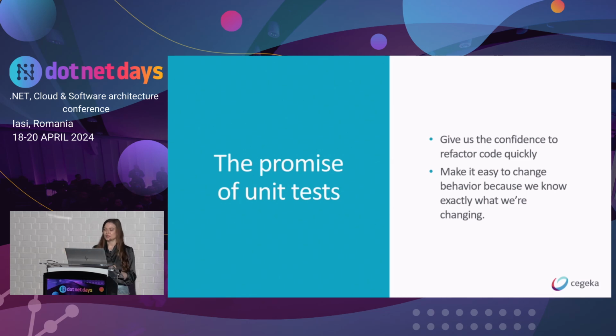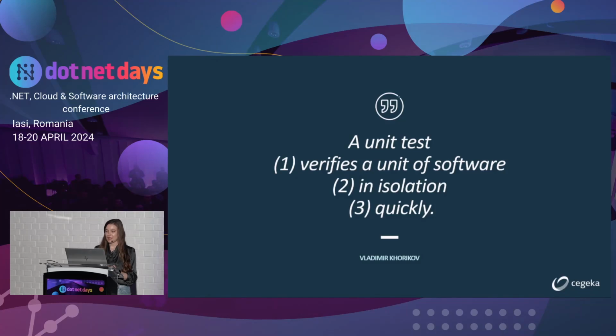But what is a unit test? My favorite definition comes from the book Unit Testing Principles, Practices, and Patterns from Vladimir Khorikov. It brings clarity because it says that a unit test verifies a unit of software, it does so in isolation, and it does so quickly.